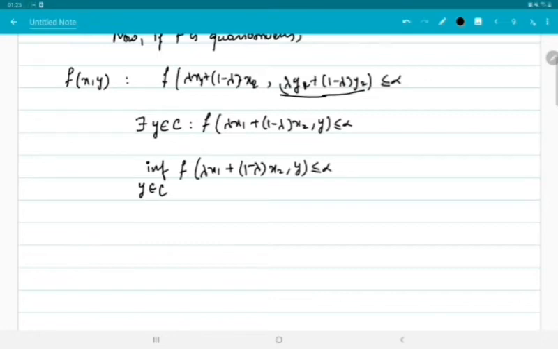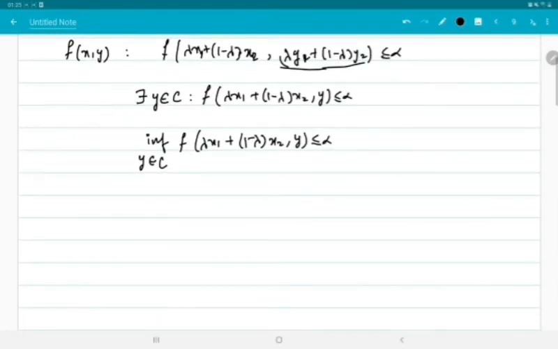So that's why this is the case, and this is exactly the definition of G. So that is what we wanted to show.